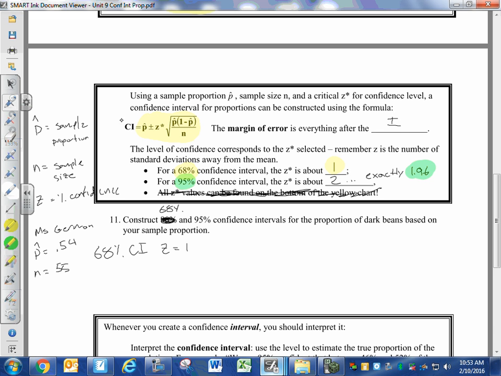We will have 0.54, that's P, plus or minus my Z, which is 1 for a 68% confidence interval, times our standard deviation, which is this formula, the square root of P times 1 minus P over N.